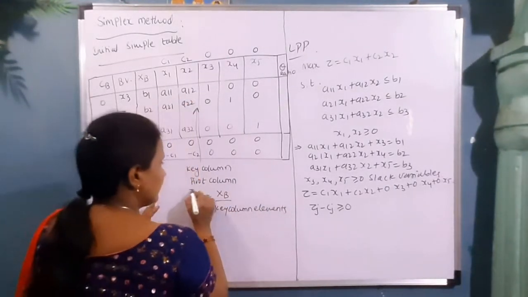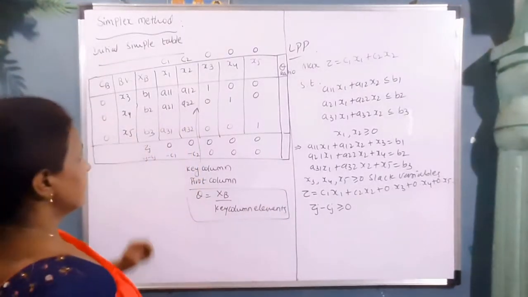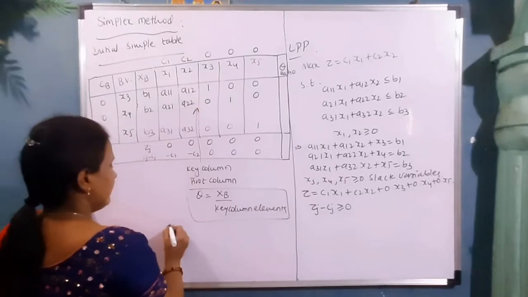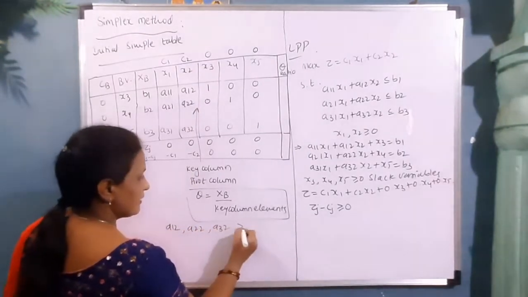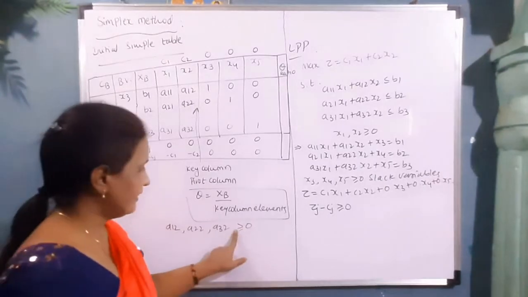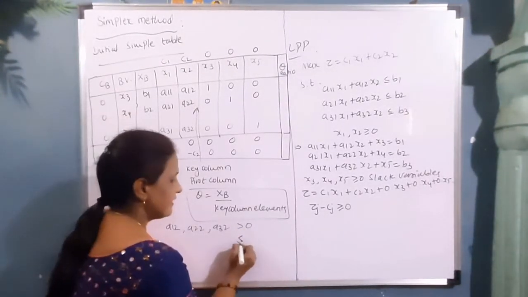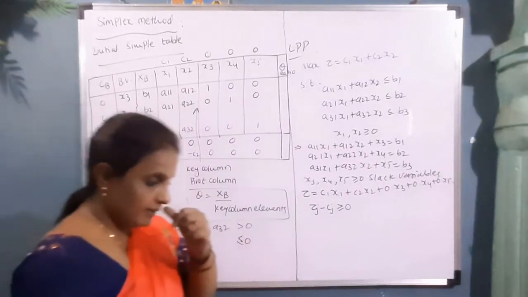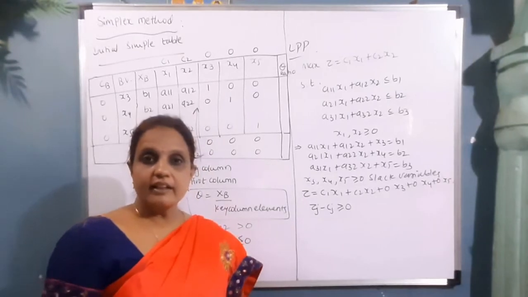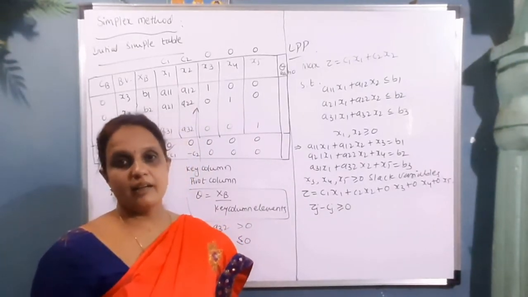To do this, there is again one condition. The condition is that A12, A22, A32 must be positive. If it is less than or equal to 0, then we cannot divide. If we have 0 in the denominator, it will become infinity, so it will become unbounded.